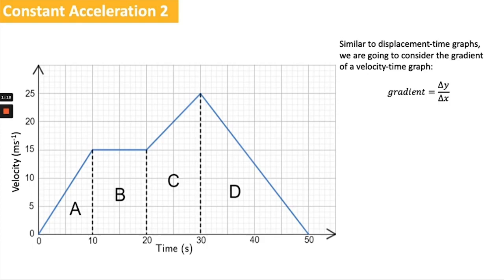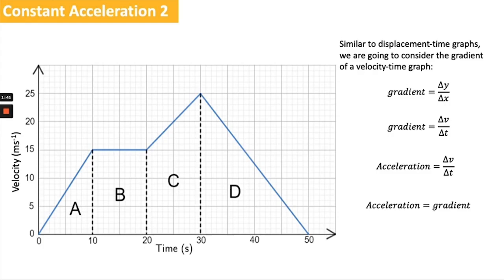So if we make that substitution, and we say that in this case the gradient is the change in velocity over the change in time, well, that fits perfectly our definition of acceleration. Acceleration is the rate of change of velocity over time. So our acceleration is going to be found by finding the gradient.